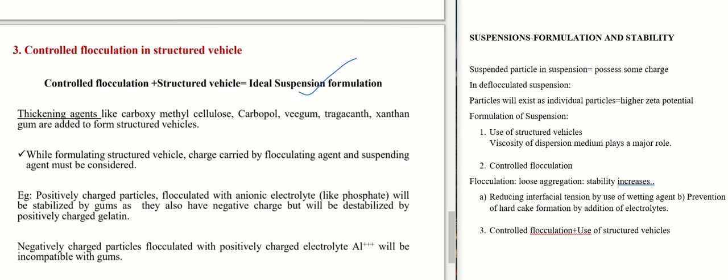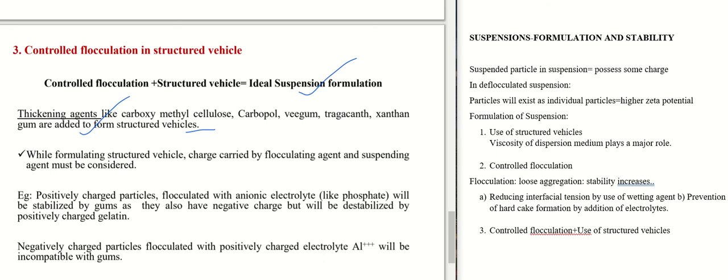The second strategy is mostly followed, and the third one is widely used in the pharmaceutical industry to get a stable formulation. Here we make use of viscosity enhancers or thickening agents like carboxymethylcellulose and gums to get a highly viscous dispersion medium.